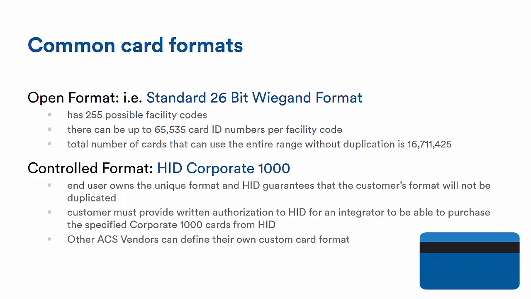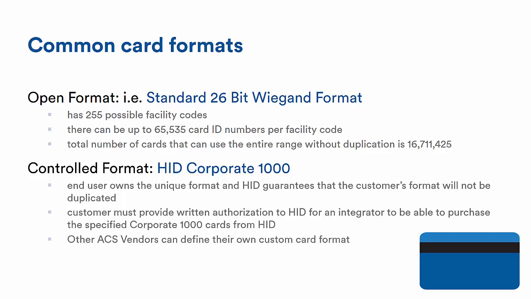Let me give you a real-life example of a shortfall with the standard 26-bit Wiegand format between a courthouse and police department. So both the police department and the courthouse had overlapping cards. They didn't know it, but they had overlapping cards because there's only so many card possibilities with that 26-bit format.